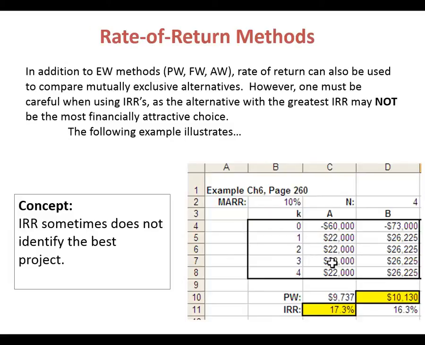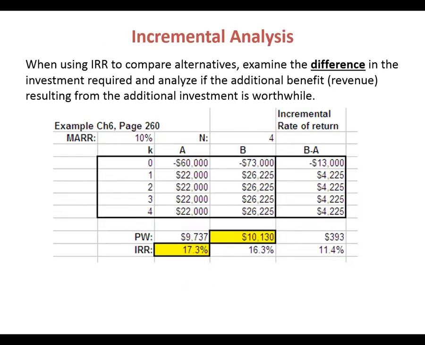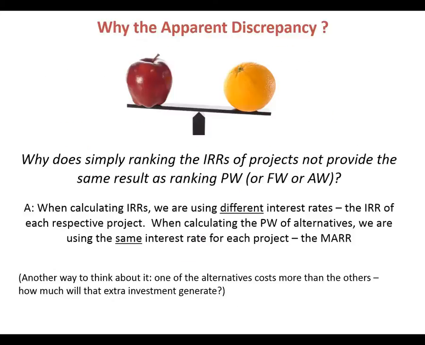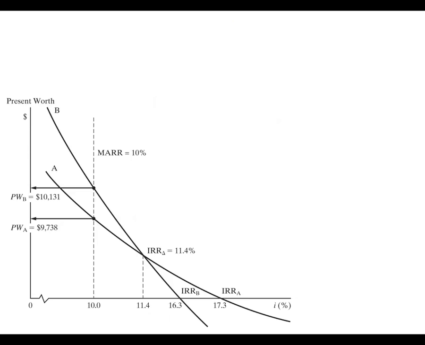When you do the internal rate of return, you're discounting the cash flow at whatever the IRR is. And since there were different IRRs, we got a different analysis that would lead us astray if we're using it for decision making. And so, like I said, the thing that we need to do is calculate the increment.